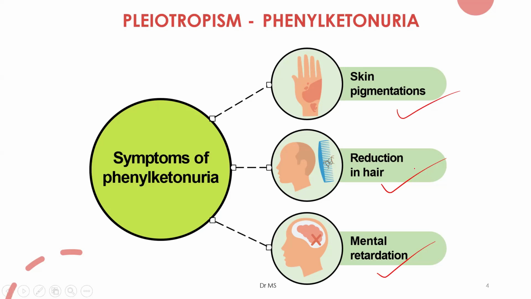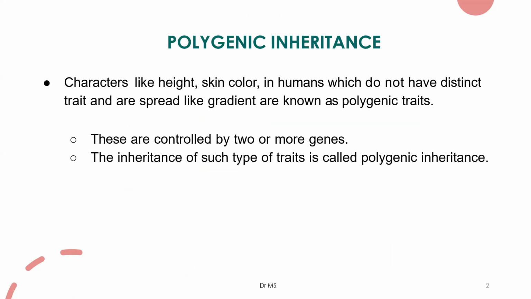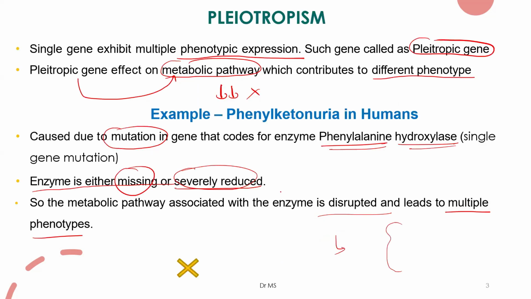See, here pleiotropism and polygenic inheritance. What is the basic definition here? Polygenic inheritance is caused due to the presence of multiple genes. Based on multiple gene presence, you get the end result as poly. But here, due to the mutation, the enzyme is not performing well, and you are getting multiple characters, multiple phenotypes.